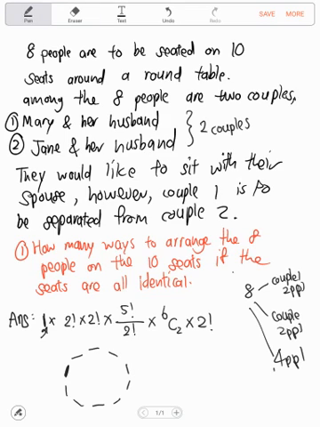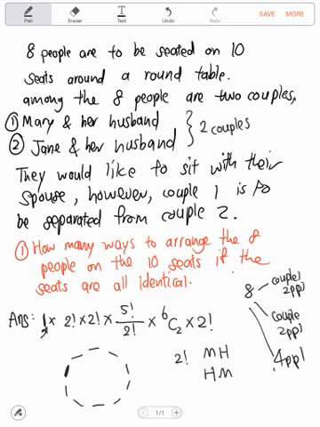That's the assumption. So then the next thing that we want to do is arrange the couple. For couple 1, I will arrange 2 factorial, because it's possible for Mary to sit on the right hand side of her husband, or Mary to sit on the left hand side of her husband.